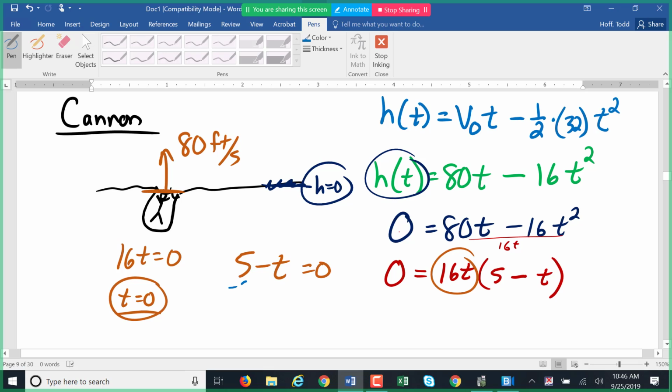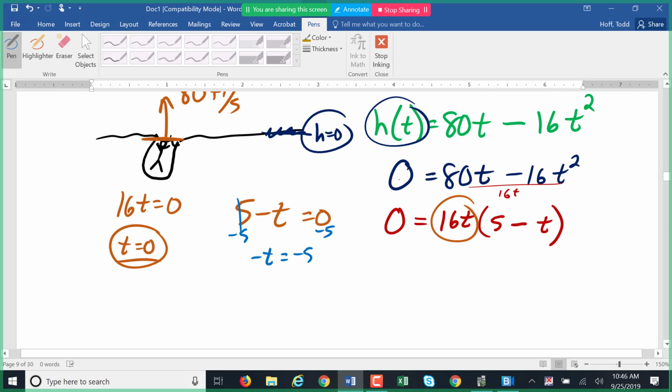I'll solve that by subtracting the 5. Negative t equals negative 5. And we'll divide by negative 1. So t equals positive 5. So that's saying I'm going to get back to the ground at a height of 0 in 5 seconds. So 5 seconds from liftoff, I am going splat.